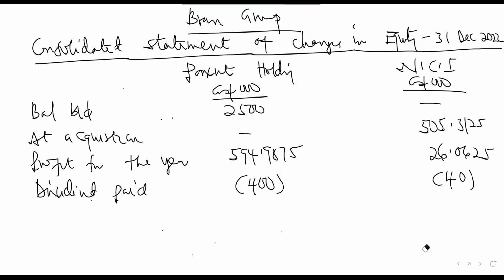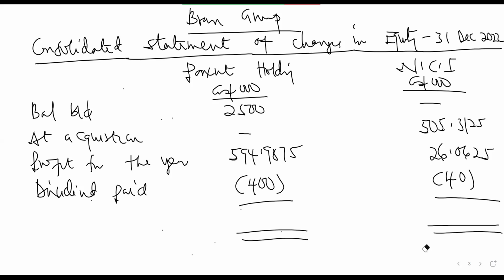So we don't bring it at all, because it will be canceling out. It will be doing what we call the set off. So you just total this, and this is the figure that you send to your statement of financial position. Just total that, and that is the end.